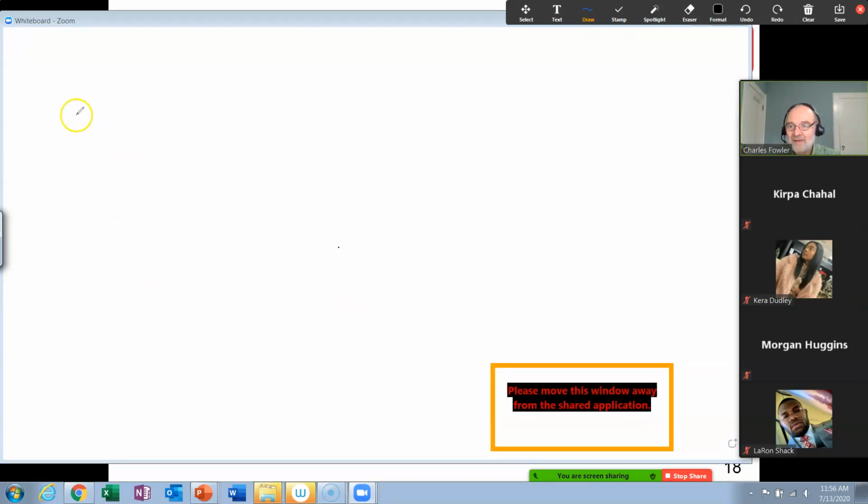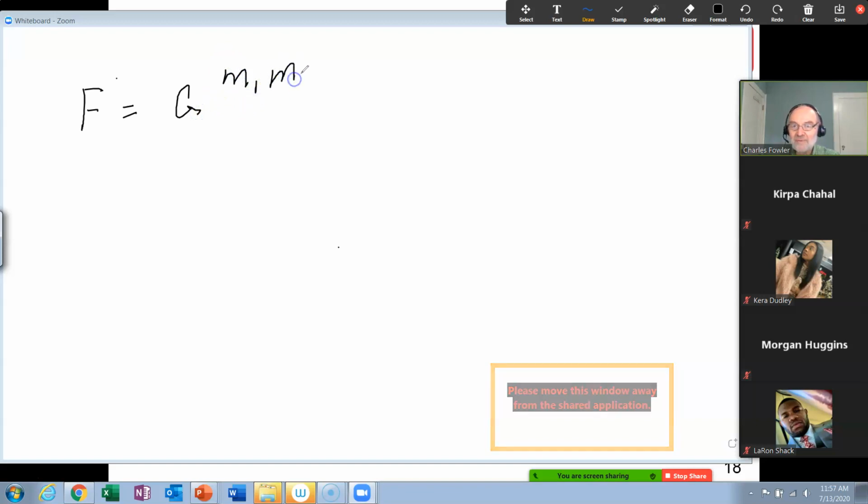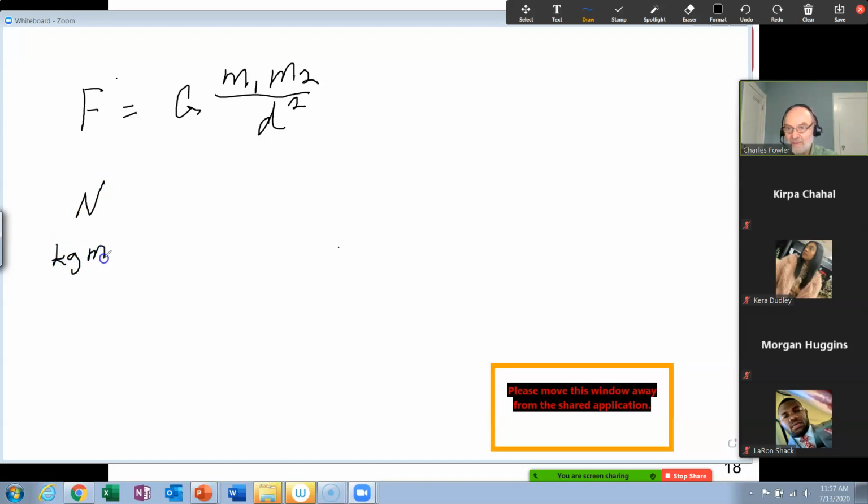Good deal. The force due to gravity, F, and that's measured in newtons, I'll work with the units later, is equal to G times m1 times m2 divided by d squared. Now remember, force is in newtons, and a newton is a kilogram meter per second squared.